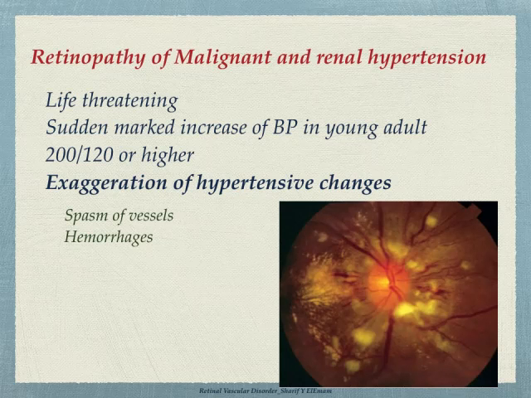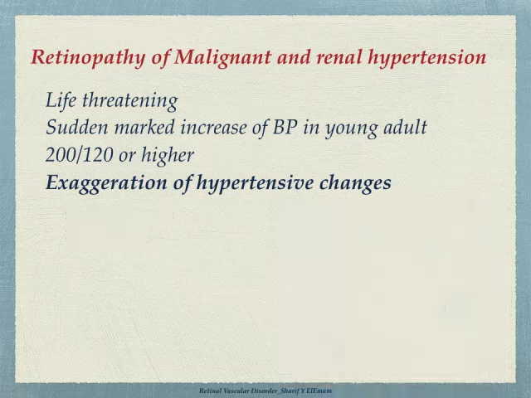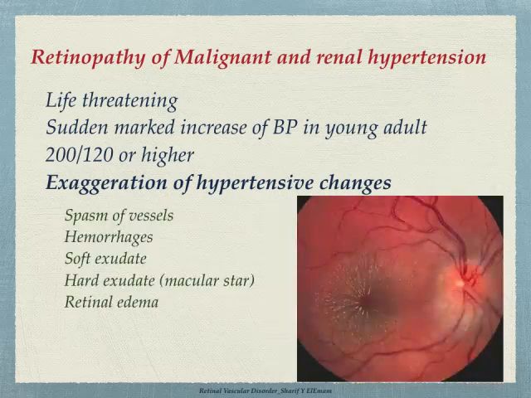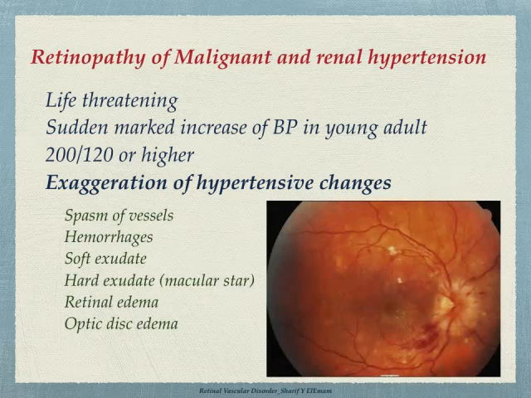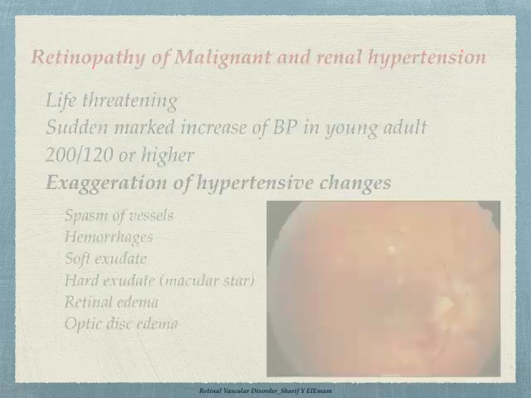However, they are greatly exaggerated. So there is spasm of the blood vessels, there is hemorrhage covering the fundus, cotton wool spots and soft exudate covering the fundus itself. Hard exudate and macular star can be seen in retinal edema. Even optic disc edema can also be seen in patients who have hypertensive changes due to malignant hypertension.